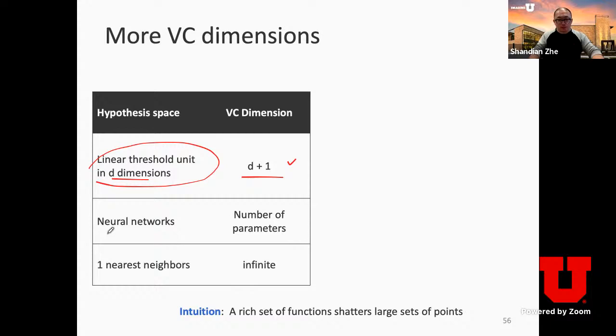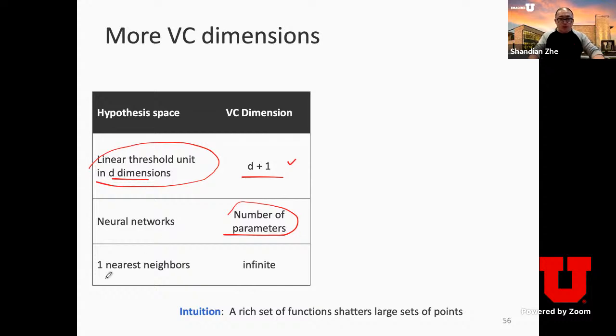And for neural networks, the VC dimension is the number of parameters. So you can imagine that the more layers your network has, or the wider it is, the larger the VC dimension. So neural networks are very flexible, expressive models.